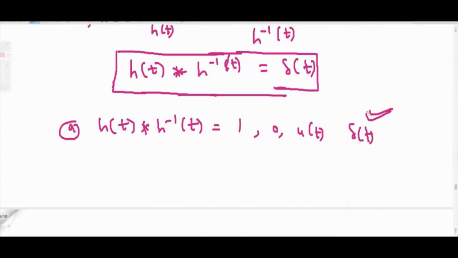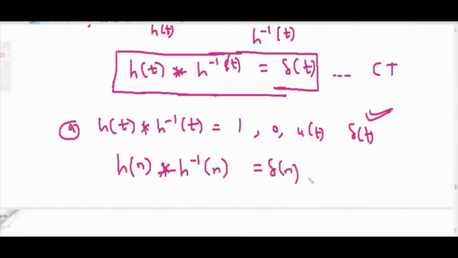So you have to identify the correct answer. Now for discrete time, what will be the condition? h of n convolution h inverse n equal to delta n. If this thing satisfies, then it is an invertible system.